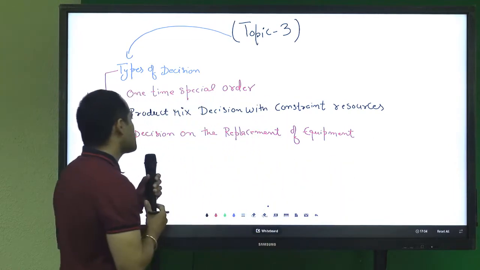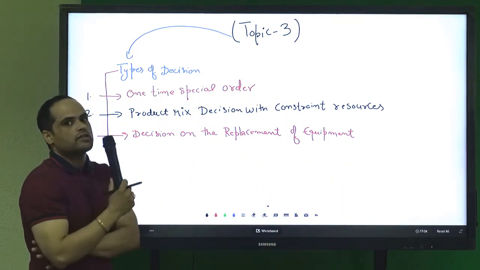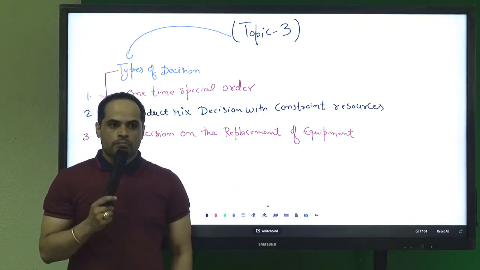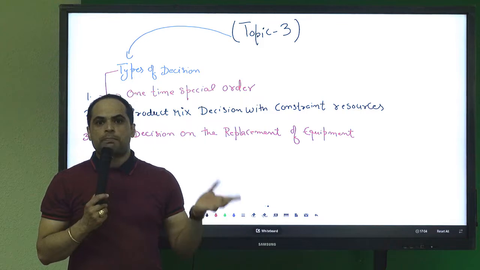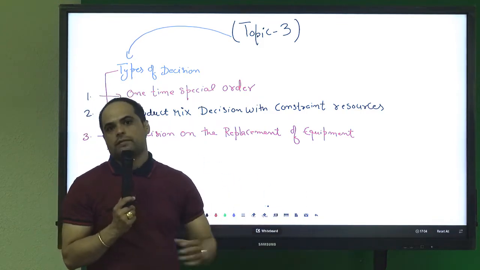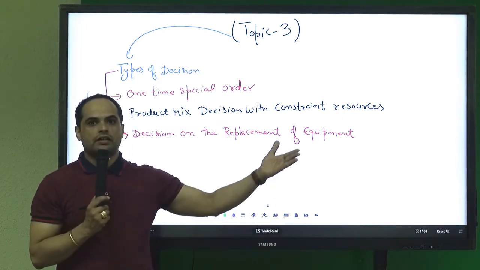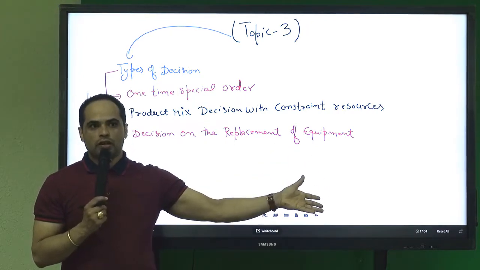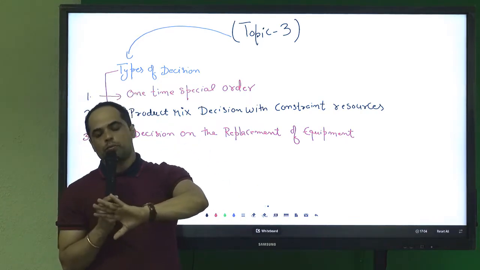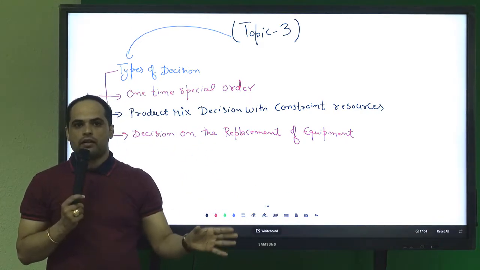The third decision is the decision on the replacement of equipment. Let's say we have old equipment, and now we are trying to replace it with new equipment. Should we replace it or should we keep it? Of course, we're going to estimate the written down value of the old one, and then we can check whether we can replace it with the new machine or not. So we will compare.